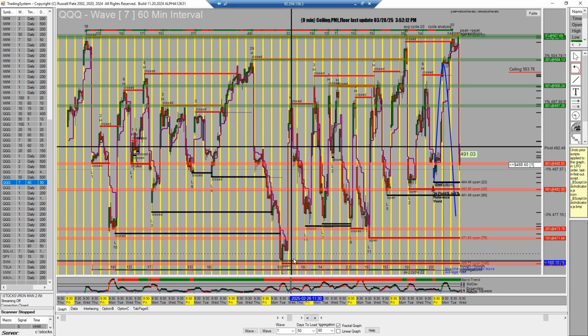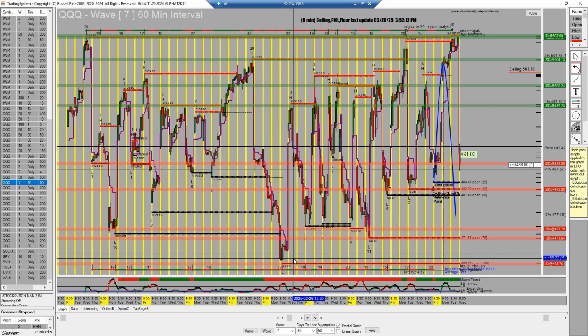Then we have the wave number. For the wave number, there's a simple rule: the higher the wave number you use, the lower the number of transitions there are. The lower the wave number you use, the higher the number of transitions there are. Let's say we are at wave 7, 60-minute aggregation. So basically this is an hourly time frame, and there are 50 days to load.